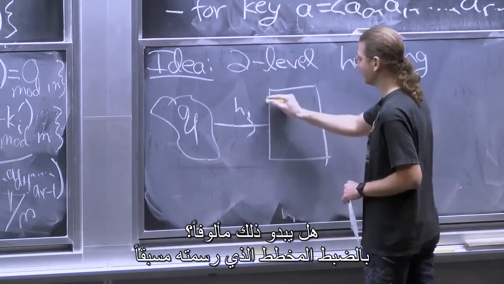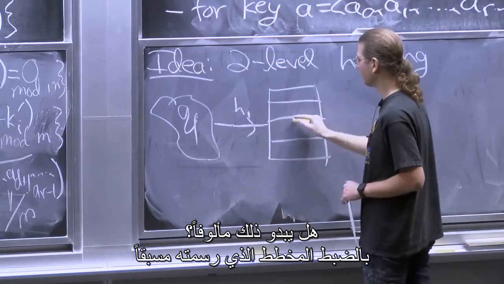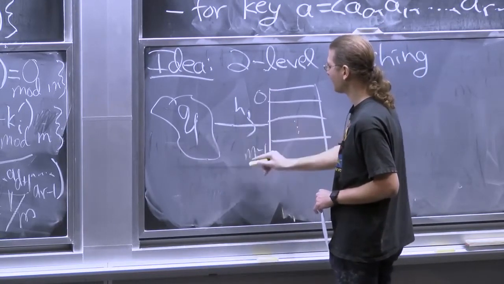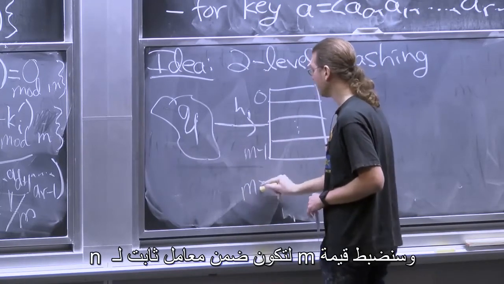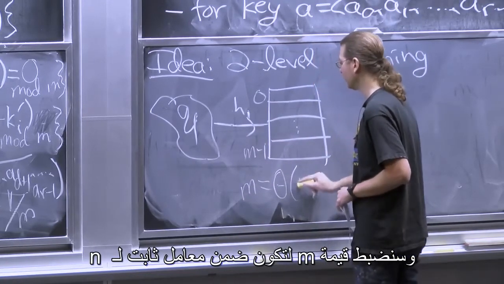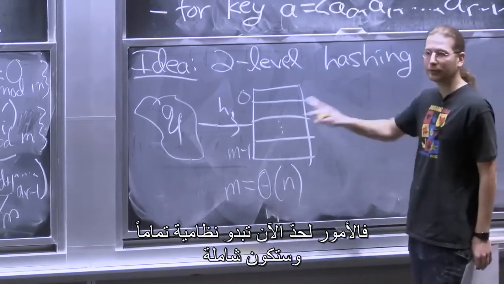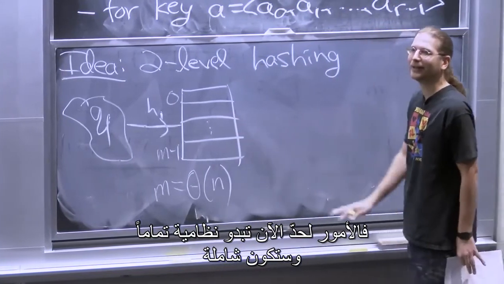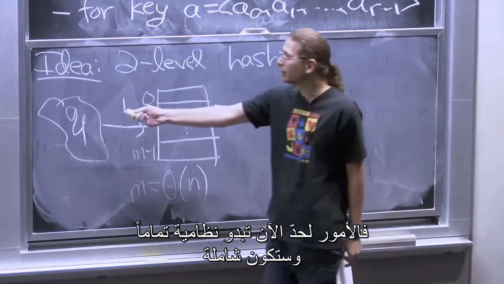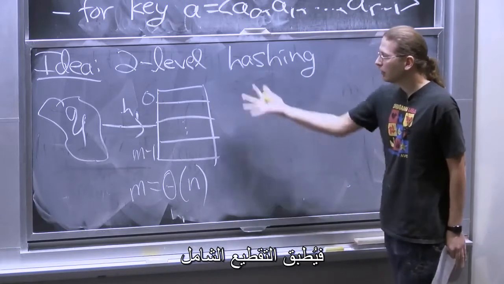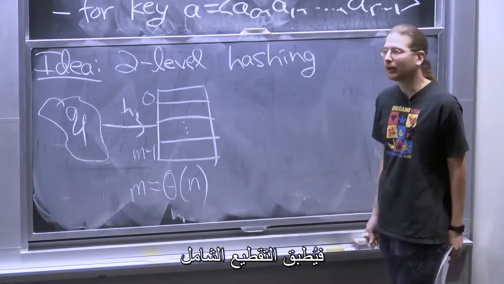Look familiar? Exactly the diagram I drew before. It's going to have some table size m, and we're going to set m to be within a constant factor of n. So right now it looks exactly like regular hashing, and h1 is chosen from a universal hash family, so universal hashing applies.